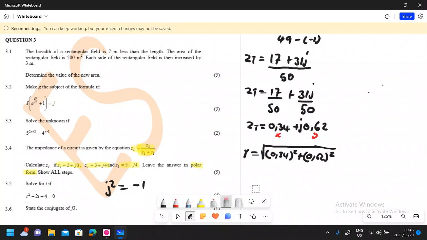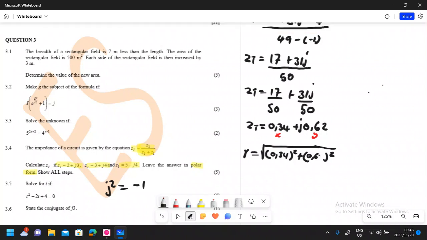It doesn't look good, so let me erase what is inside here and write what looks good. Remember, this is 0.62. Yeah, there we go. Now we are fine. So this is the modulus. When you put this on your calculator, your modulus is going to be 0.707.